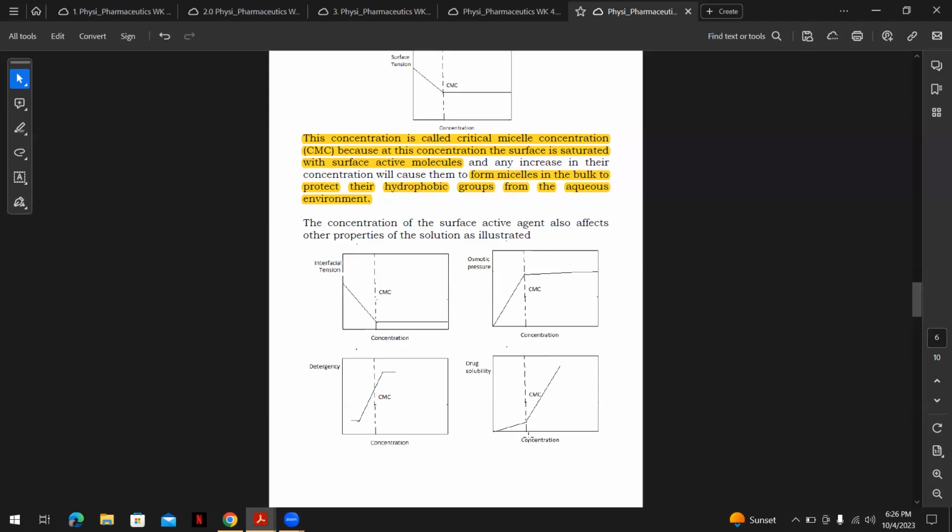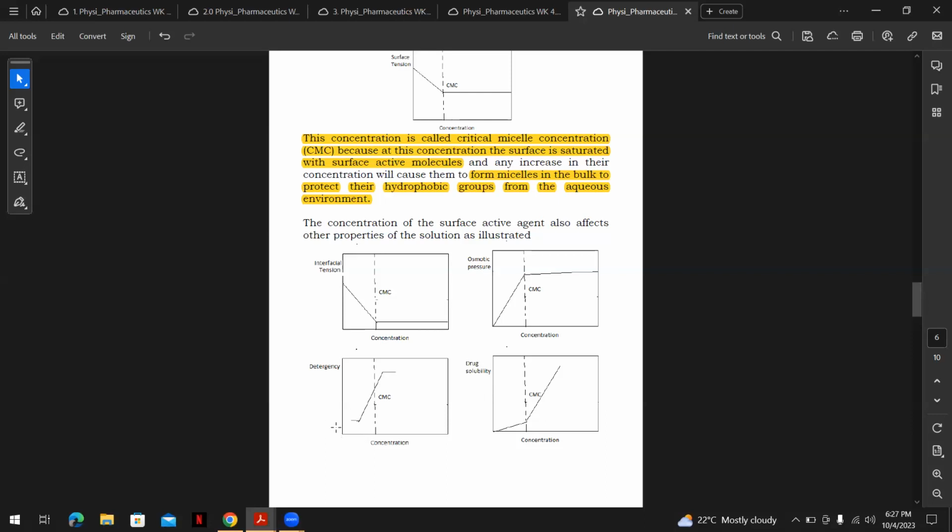So I'm thinking, correct me if I'm wrong, that if you increase surfactants and you're protecting the hydrophobic portions from the aqueous environment, the drug solubility will definitely increase.